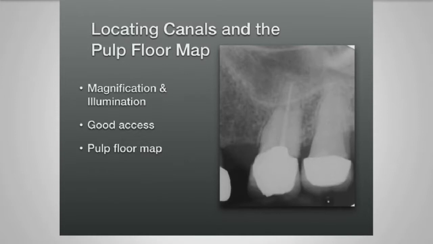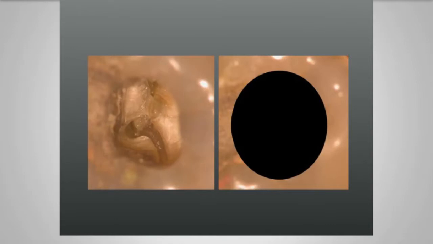So this is the kind of view that you get of an access cavity without illumination and magnification, and this is the kind of view that I would have had as an undergraduate training back in the 1980s. As soon as you look in there with the microscope, you can see so much more detail, and here you can see the access cavity is being prepared and the roof of the pulp chamber is still intact.